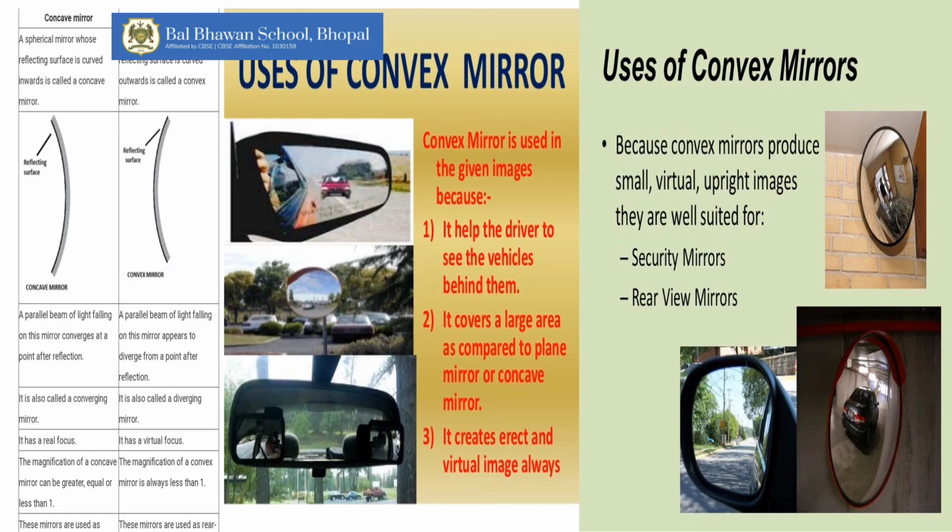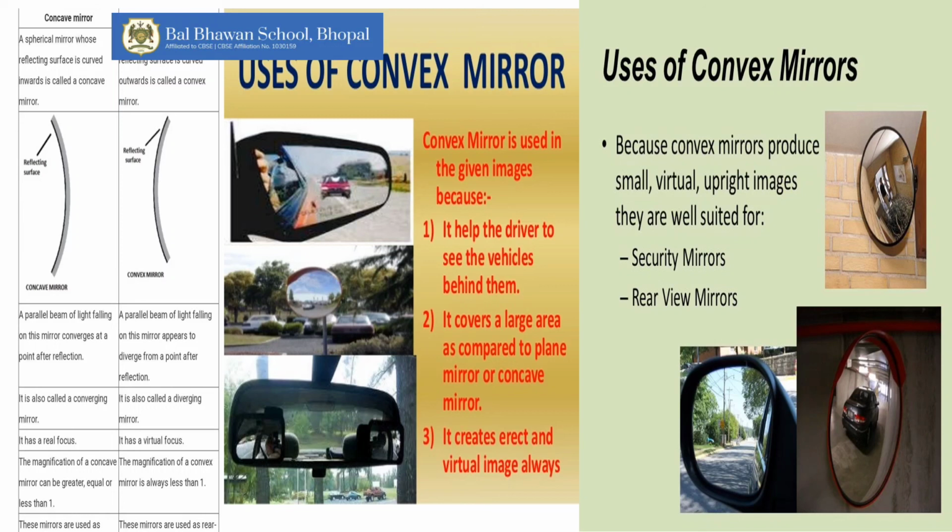Now here, what is a concave mirror? A spherical mirror whose reflecting surface is curved inward. Whereas what is a convex mirror? A mirror whose reflecting surface is curved outward.